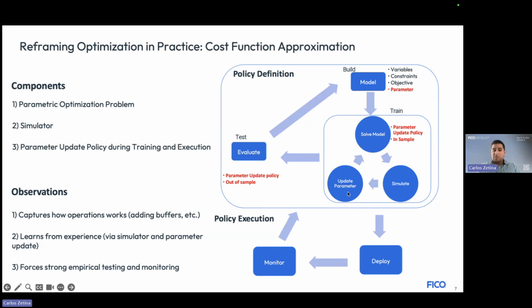And then once you're satisfied with the training, you can evaluate. So this is a split between the training and the testing. You can test on another simulator, or you can test out in the field. And in the field, you can also do parameter updates as well. It also helps you see how your policy performs outside of the simulation training that you gave it.